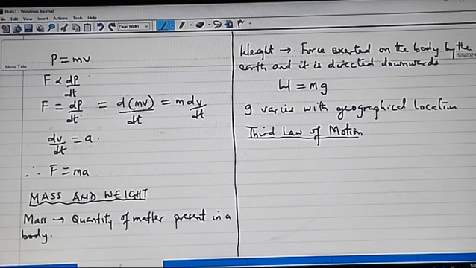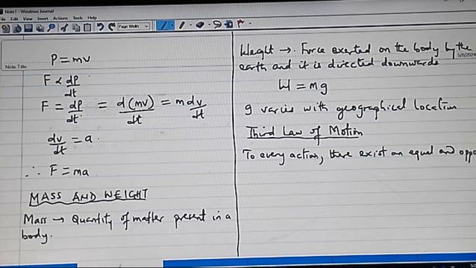So I will say to every action there exists an equal and opposite reaction. So I'll go with this.